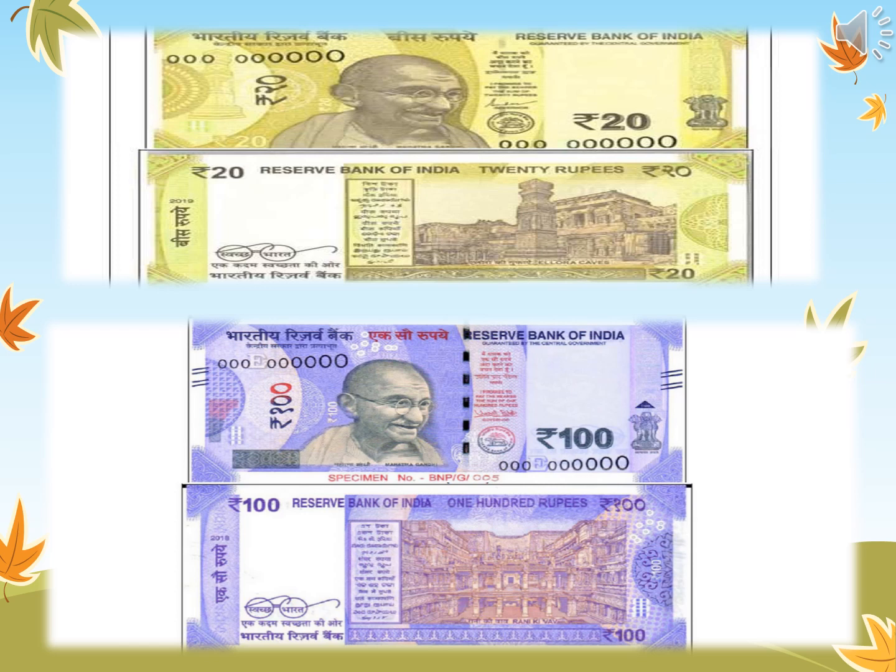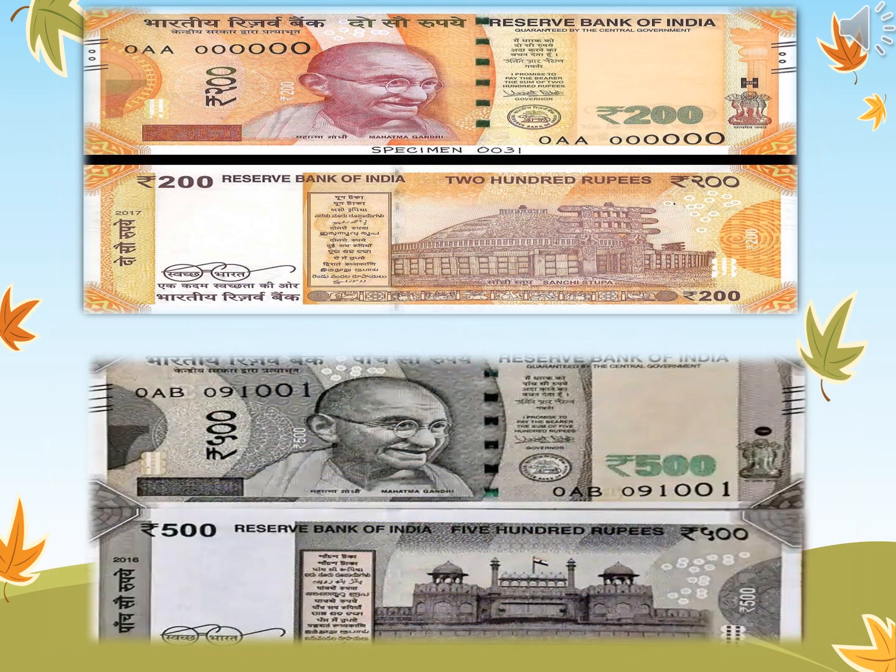Let us now study more about notes. This is a 200 rupee note. It has more value than a 100 rupee note. A 200 rupee note is equal to 200.